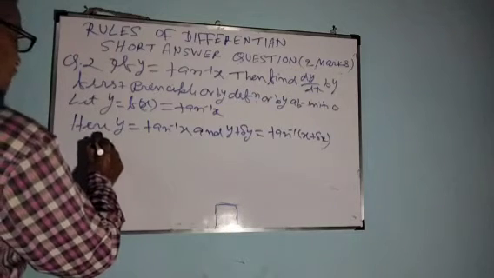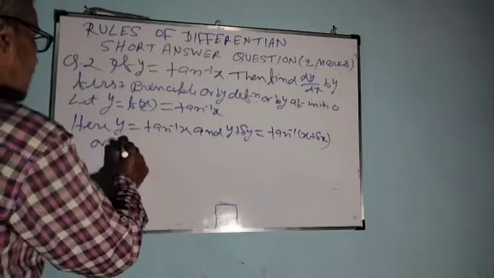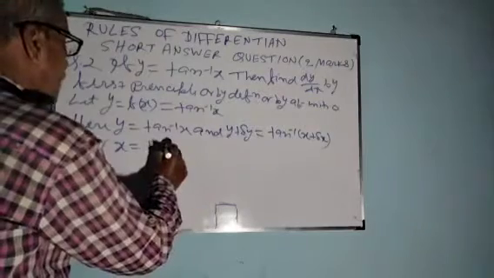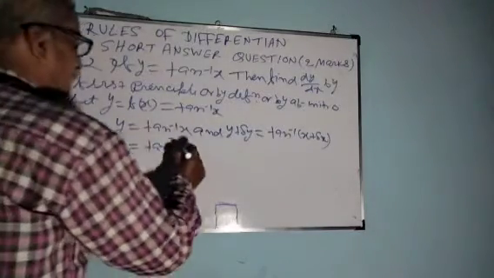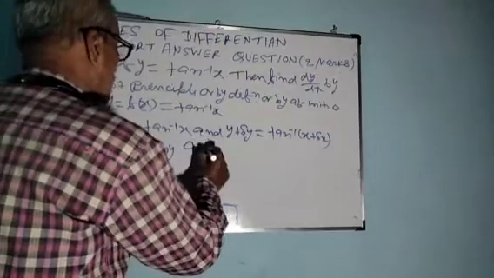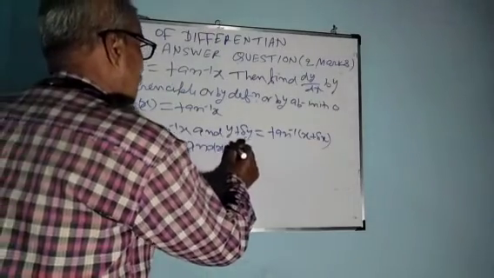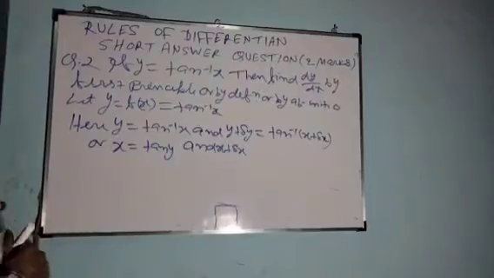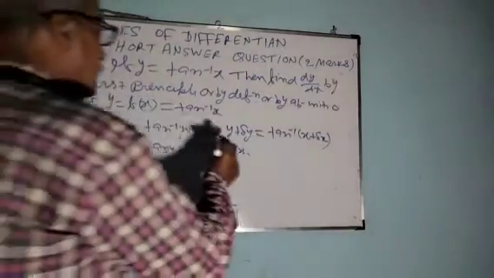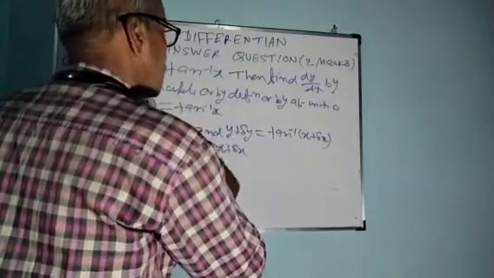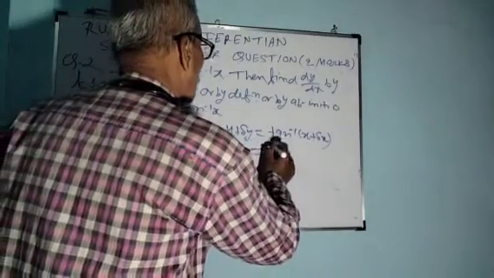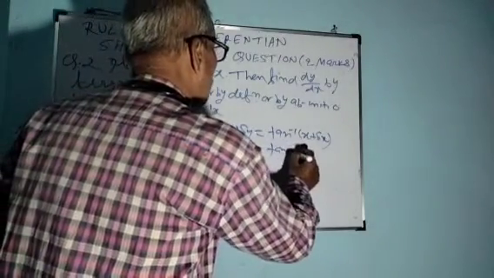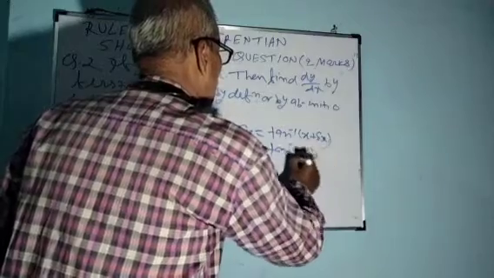That is, here x is equal to tan y and x plus delta x is equal to tan of y plus delta y.